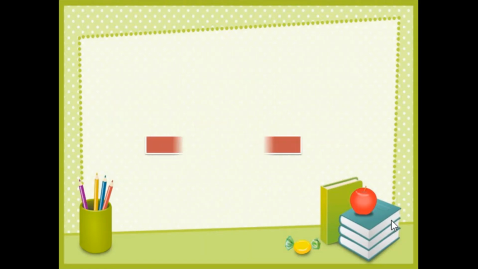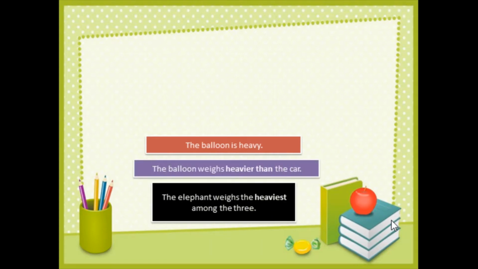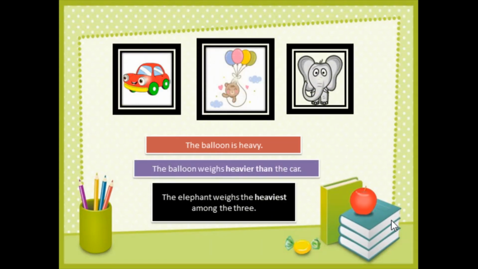Next, another three pictures. And it shows heavy objects. Repeat after me. The balloon is heavy. Good job. The balloon weighs heavier than the car. Okay? The elephant weighs the heaviest among the three.